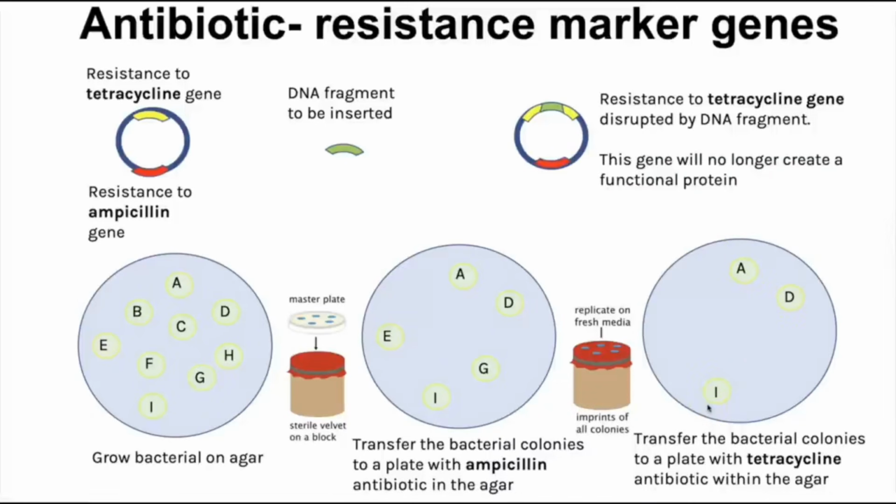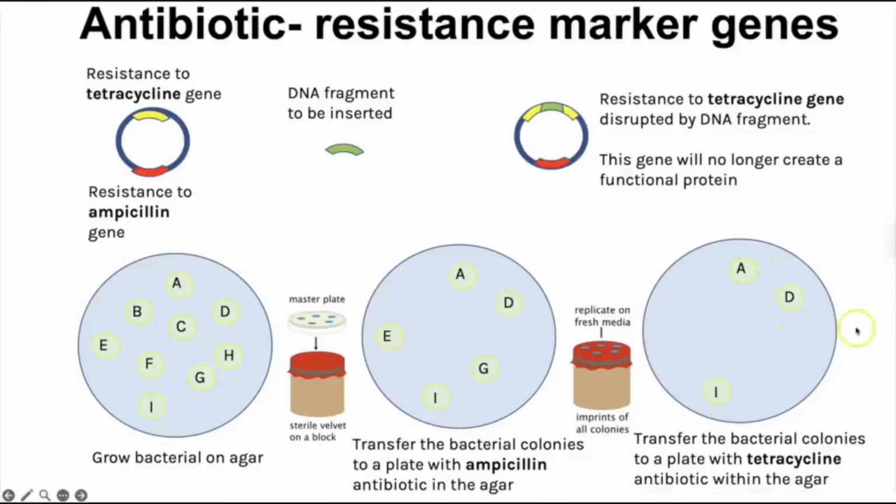And from this, we can work out which colonies contain the recombinant plasmid, because bacteria that have the recombinant plasmid are resistant to ampicillin, because that gene's intact. So that means it has to grow on this plate, but it's not resistant to tetracycline anymore, which means tetracycline will kill it.